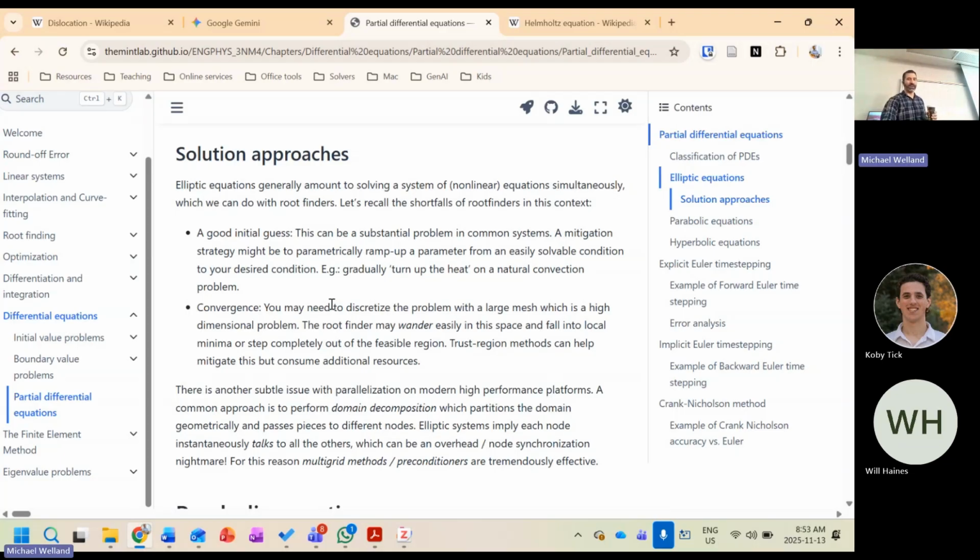A root finder. It's written right here. What you're going to get is some kind of function, typically your residual, as a function of your discretization, x0, x1, x2, and what you want to know is when this is equal to 0.